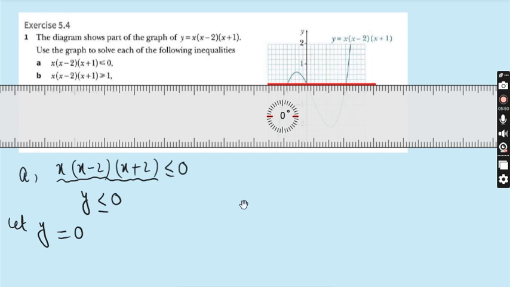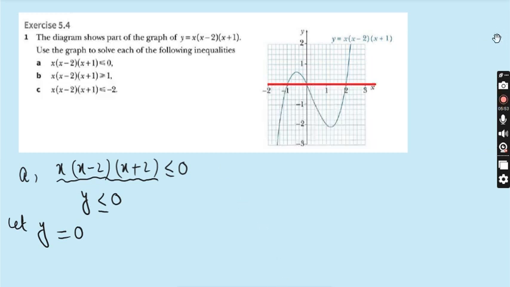This is our line. Now see the sign of inequality. The sign of inequality is less than. So it means you have to take all those values which are below the line y equals 0. So the x-axis is y equals 0.